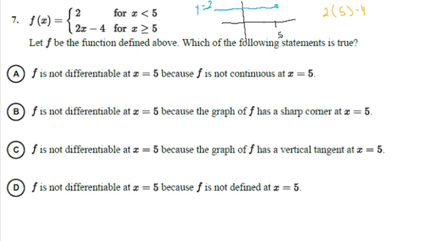So when x equals 5, we're using the bottom portion, and that is 10 minus 4, and that equals 6, which is going to be way up here somewhere. So because these two portions are not equal when x equals 5, then our function is not differentiable because it's not continuous at 5. So answer choice A, we're not continuous at 5 because for the left side of our function, y is equal to 2, and then at 5, y is equal to 6, and it goes up from there.